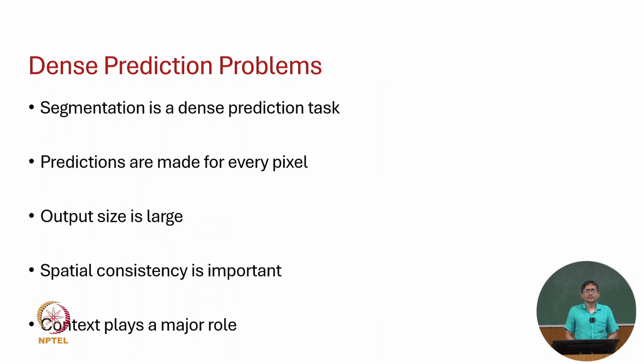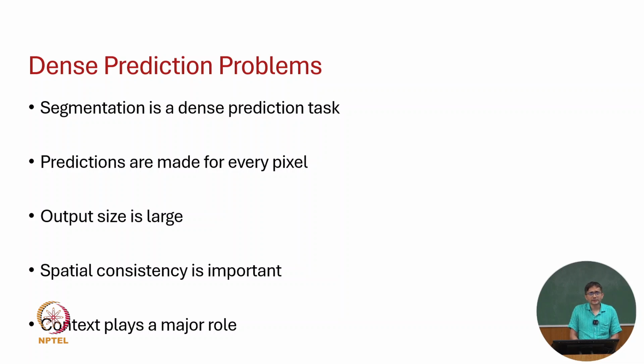So semantic segmentation is a dense prediction problem, which means the predictions are for each pixel, as we mentioned already. However, this also implies that the output size would be larger compared to what we have in the case of image classification.